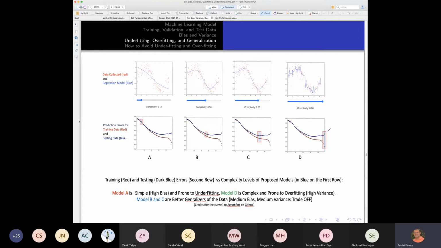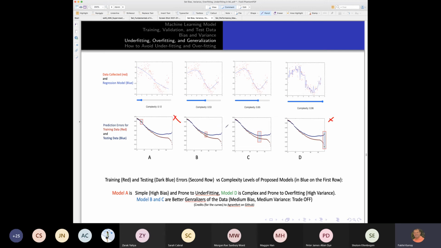And here, for a very complex model, overfit. We have very high variance and low bias. This means very small error for the training but high testing error, something that we don't want. This we don't want.